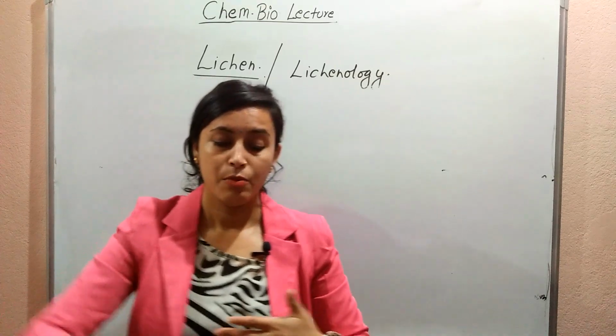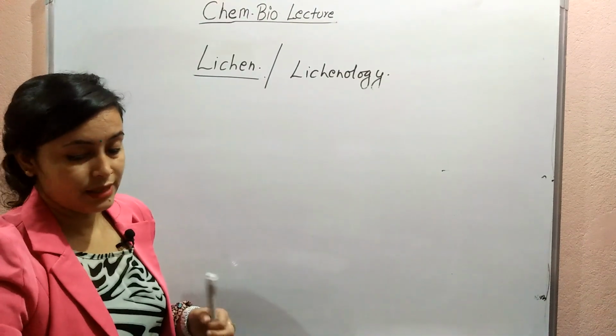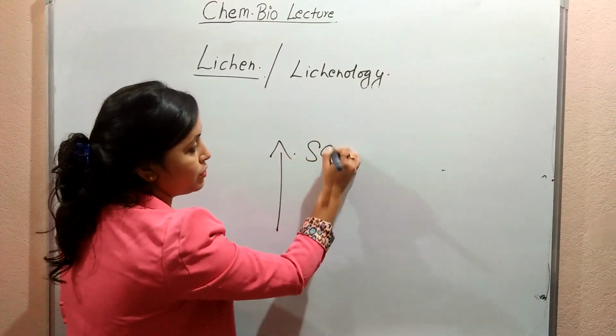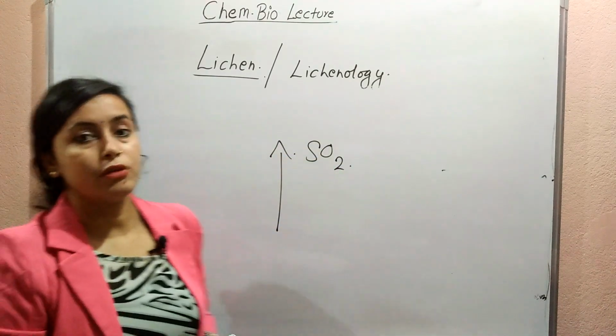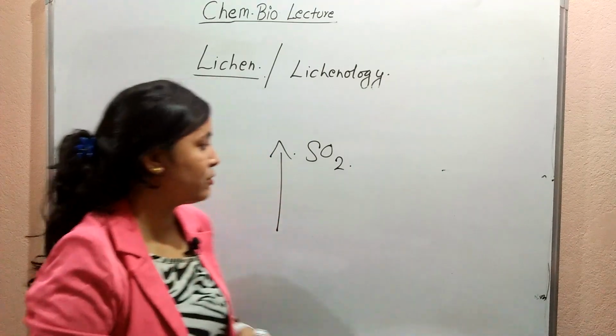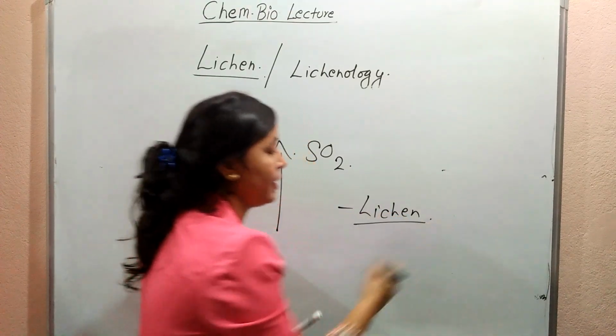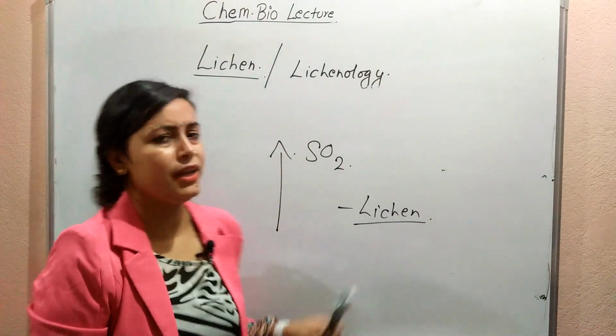If the place has a higher amount of sulfur dioxide, SO2, lichen reacts quickly and cannot grow in such an area.